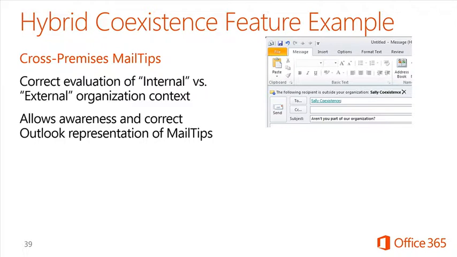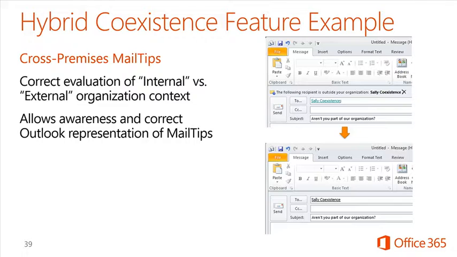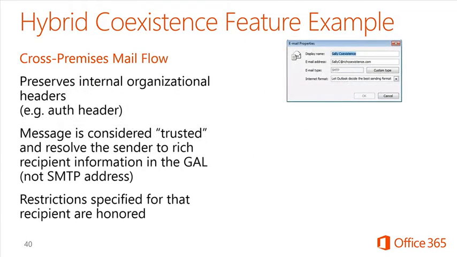This means that when Richard sends Sally a message, it's not going to prompt and say that Sally is remote, right, or outside of your organization. Once we configure hybrid, Sally, even though she's in a different org, appears inside because we understand that both of those are actually part of the same Exchange hybrid relationship organization.